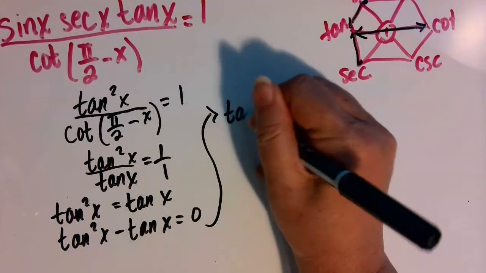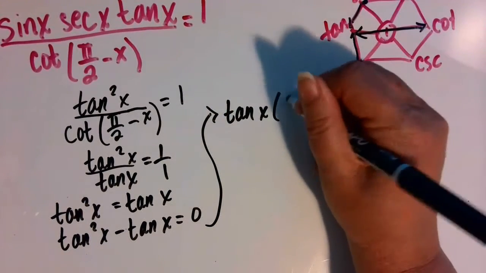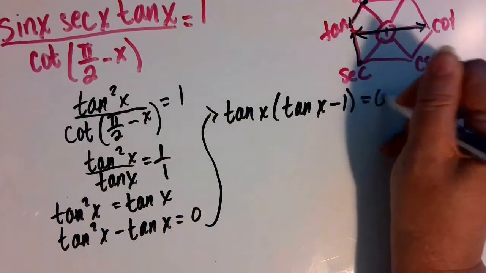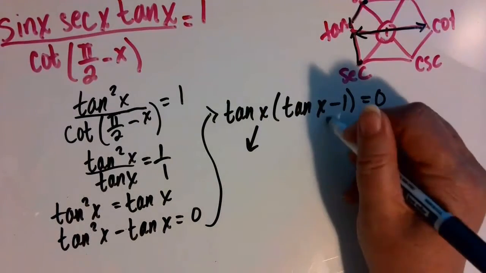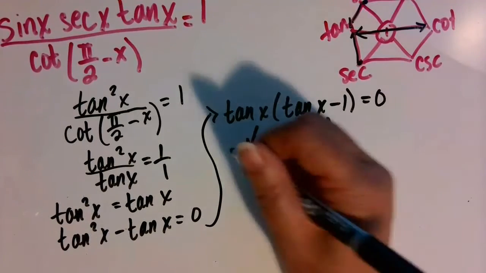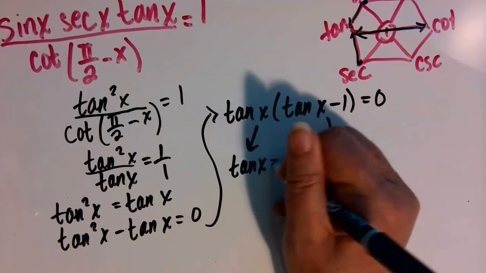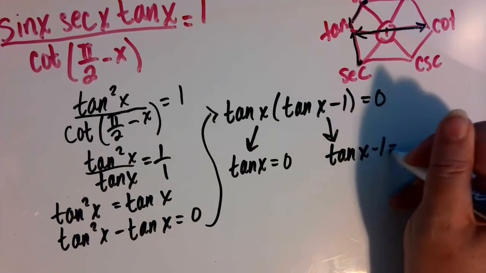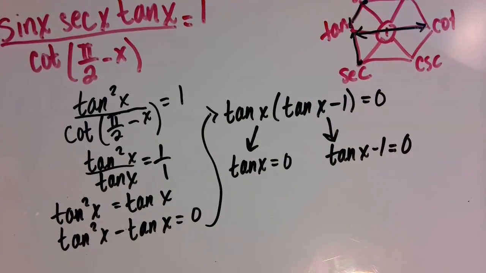So pulling out a tangent of x to the front leaves us a factor of tangent of x minus 1, and then we'll use the zero product property to separate this into two equations. Either tangent of x is equal to 0 or tangent of x minus 1 is equal to 0.